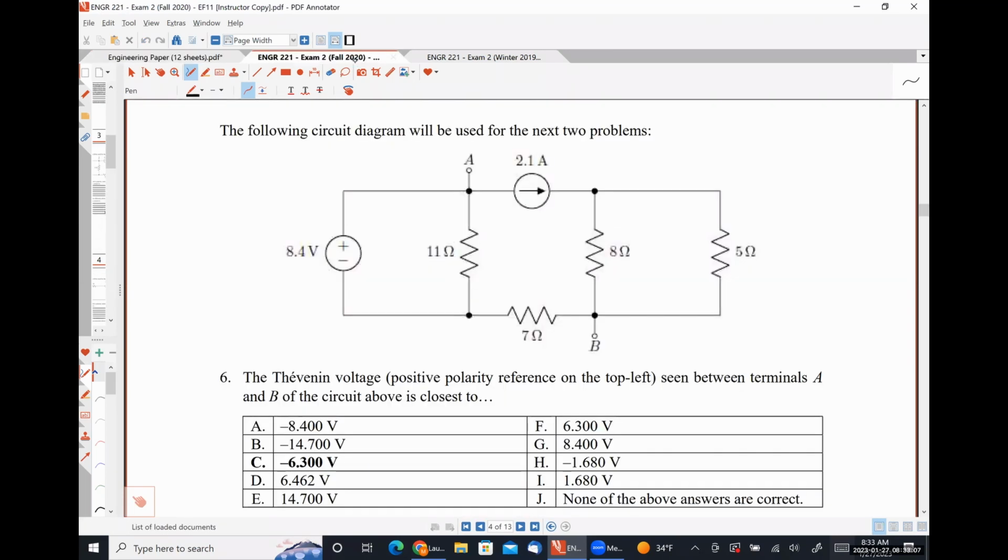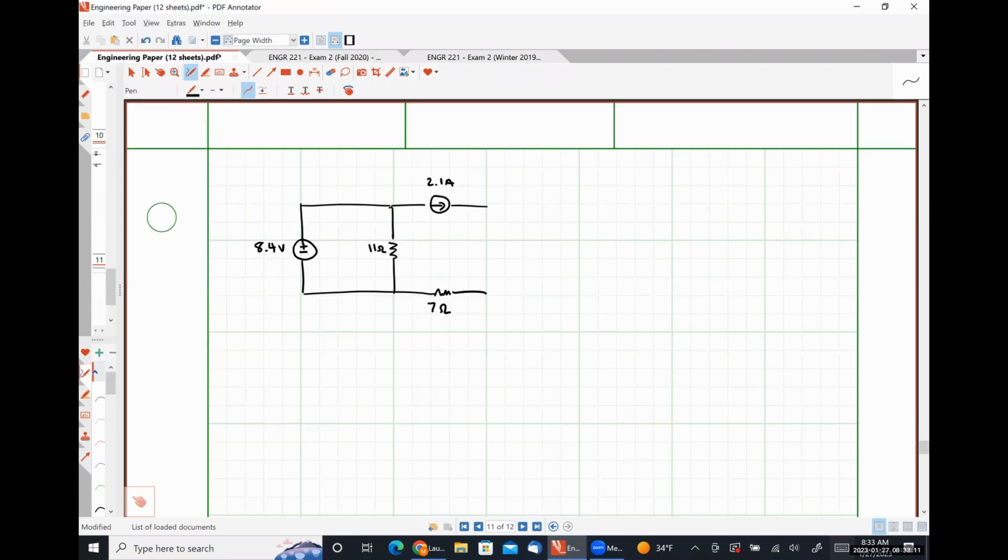Let's see, 8 in parallel with 5. Here's terminal A. Here's terminal B. And we want to find the Thevenin equivalent circuit, right?